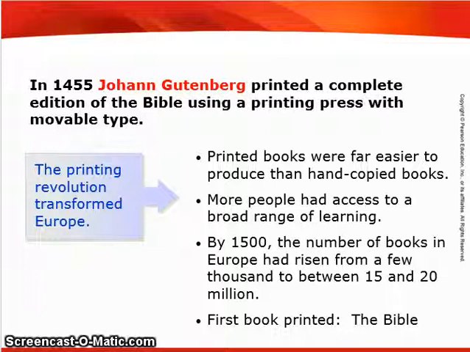Where people have tried to reform the church in the past, John Wycliffe, Jan Hus had ideas about how to reform the church, it never got off the ground because it was hard to spread their ideas and actually get people viewing things the same way they did. It was hard to organize. But with the printing press, the Reformation is going to take off, and we're going to learn about Martin Luther and the Reformation in the next section.